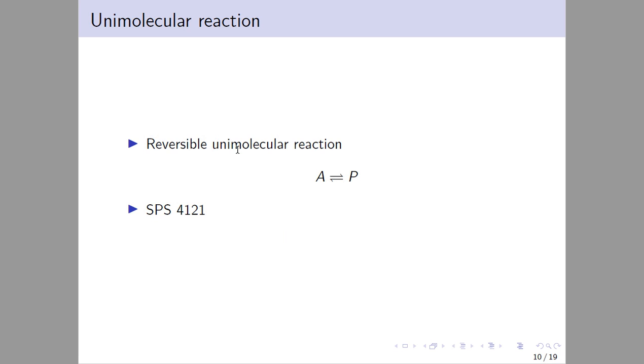And again, A can become P, and P can also become A. So we see this one, where dA over dt equals minus ka A plus kp P. For example, this kp, we can find it in SPS 4121.